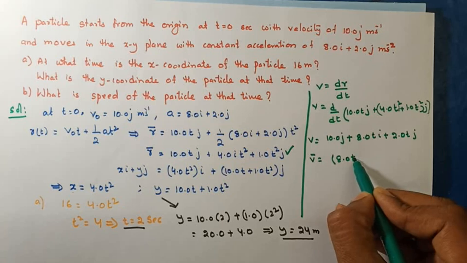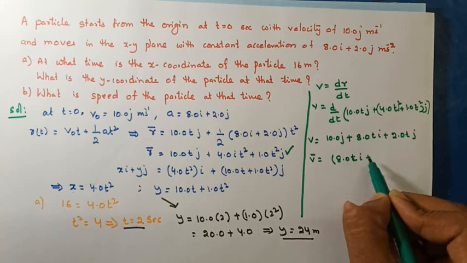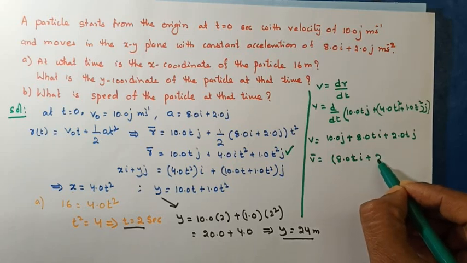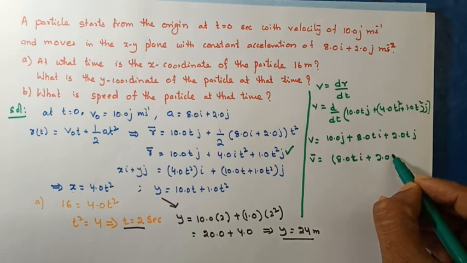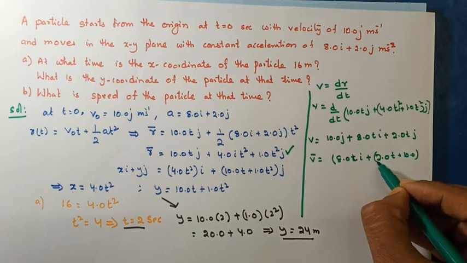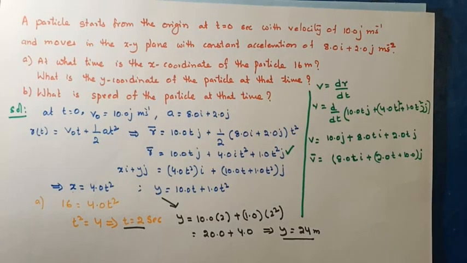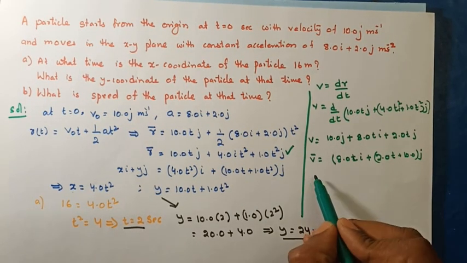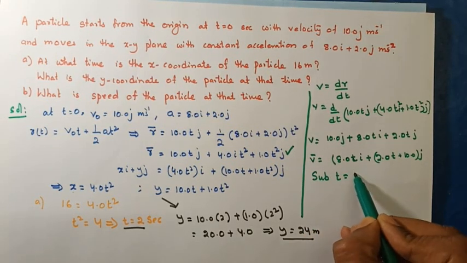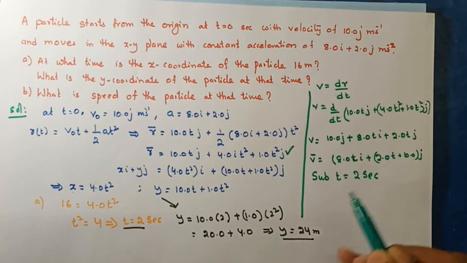So the velocity vector is 8.0 t i plus (2.0 t plus 10.0) j. Now substitute t equal to 2 seconds.